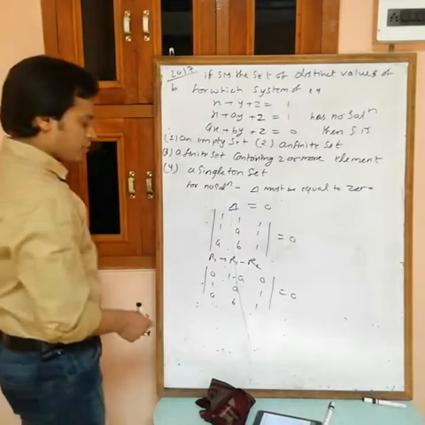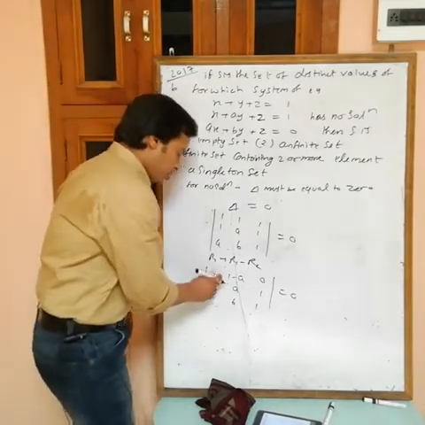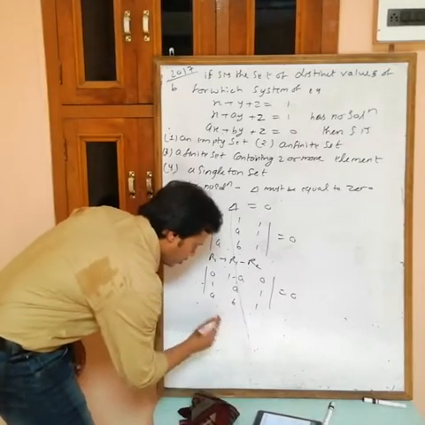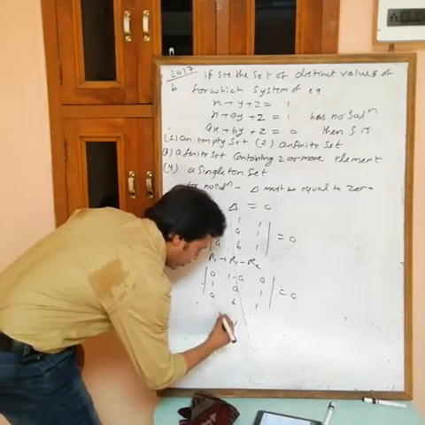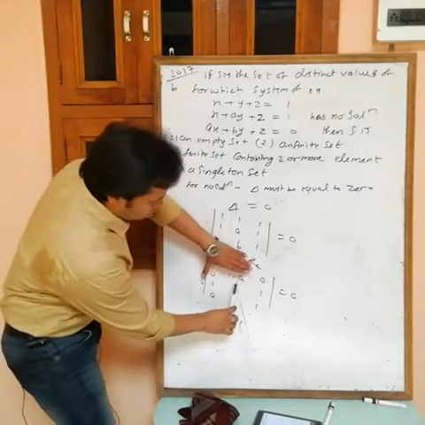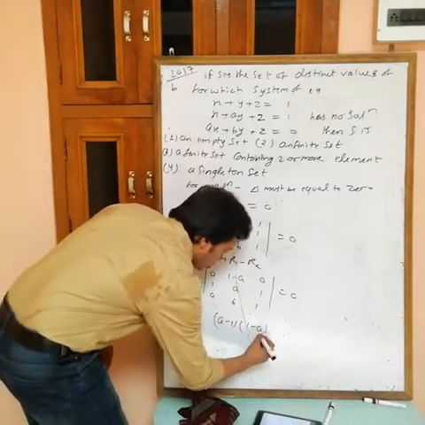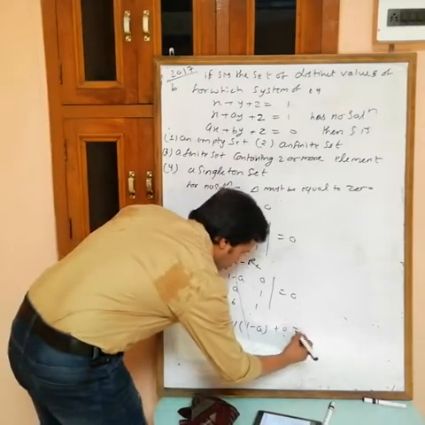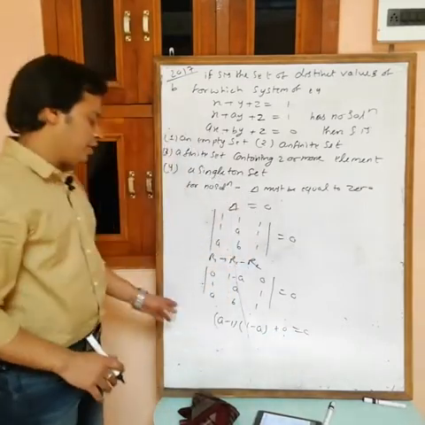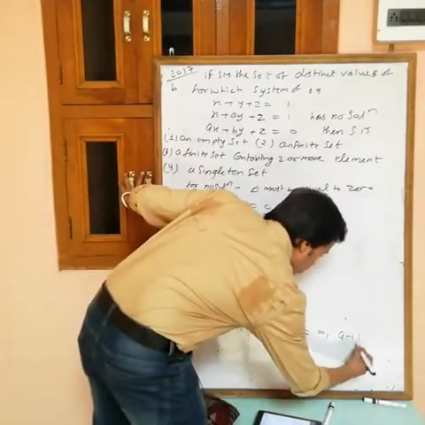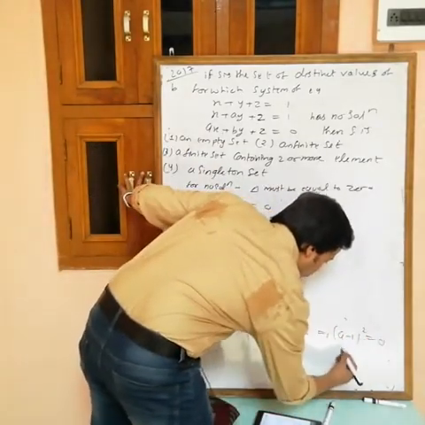Expand with respect to R1: 0 multiplied by its cofactor becomes 0, then 1 minus a with a minus sign, so it becomes a minus 1, multiplied by the corresponding cofactor 1 minus a, and then plus 0 equals 0. Taking the common minus, we get a minus 1 whole square equals 0, then a equals 1.